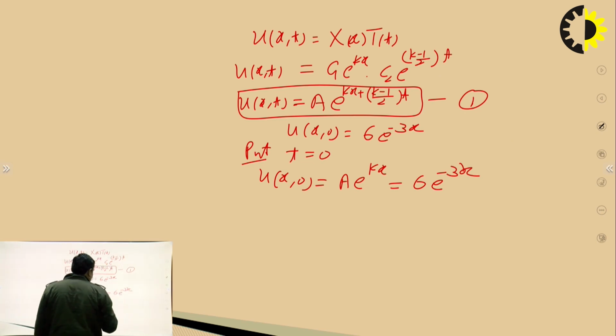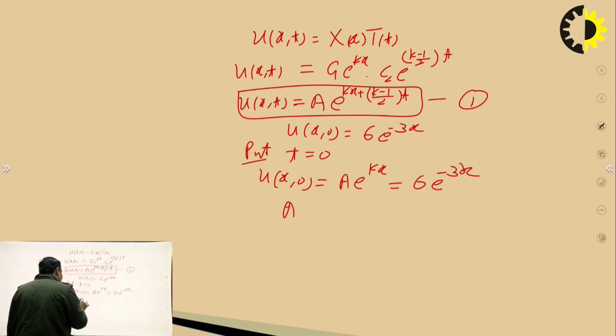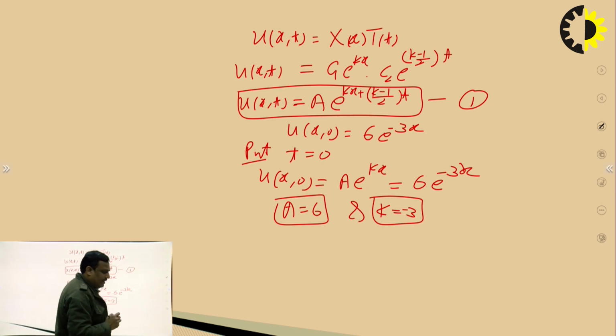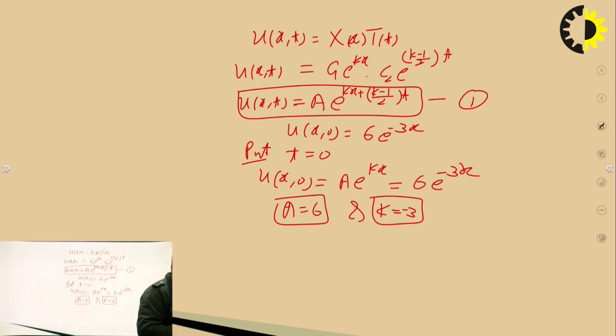Comparing both equations, the value of a equal to 6 and k equal to minus 3. The constants have been arrived.